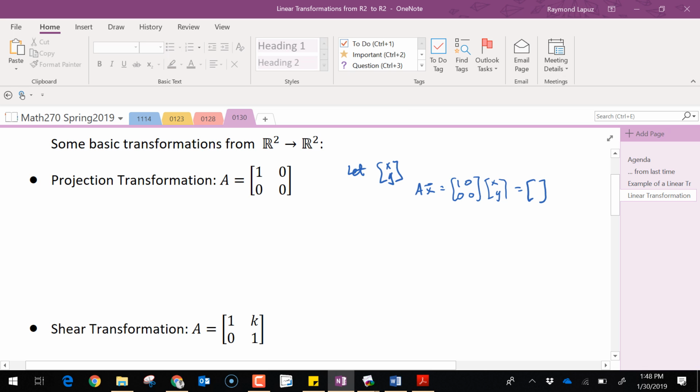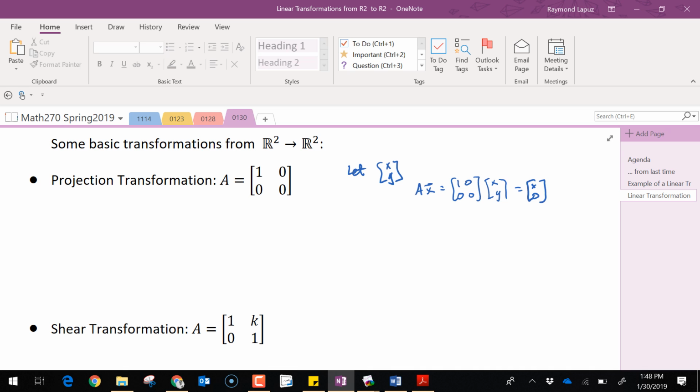And how is that 2 by 1 matrix going to look? What's in the first component? Just x, right? It's x times 1 plus 0 times y. And what's in the second one? 0. So whatever values we put in for x and y, it's always going to drop the y value and make it 0. And the x will remain the same, right?